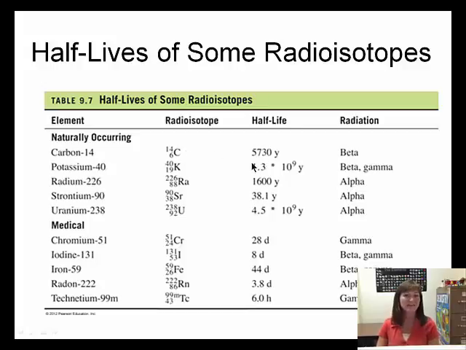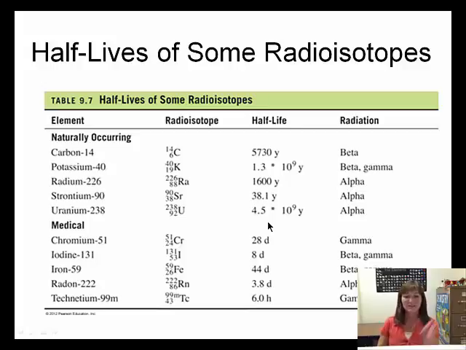That has a half-life of 5,730 years. If we look at uranium-238, this has a half-life of 4.5 billion years. So it takes 4.5 billion years for your sample of uranium-238 to just get cut in half. And then it's going to take another 4.5 billion years for that sample to get cut in half.